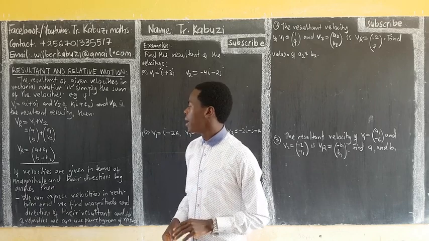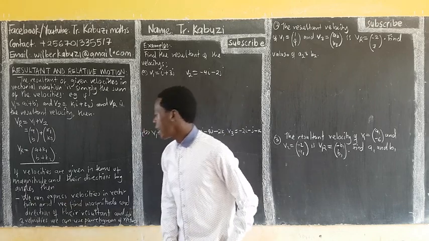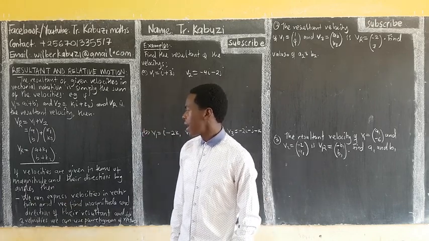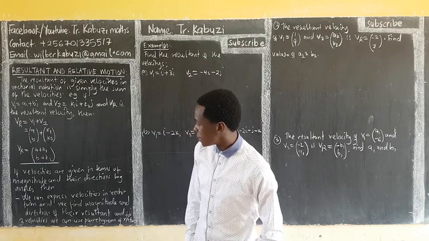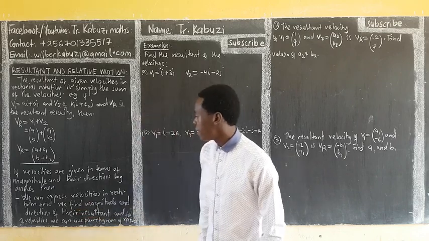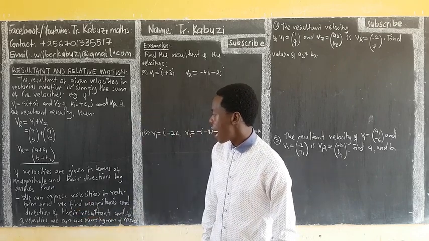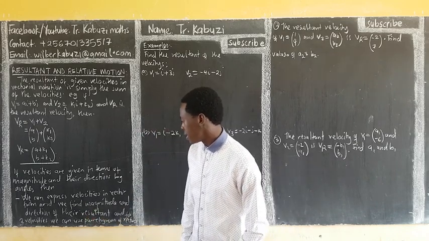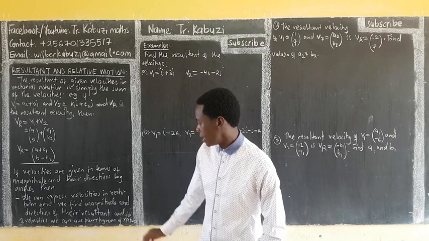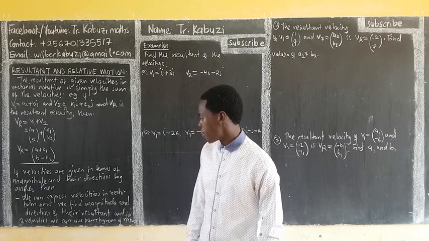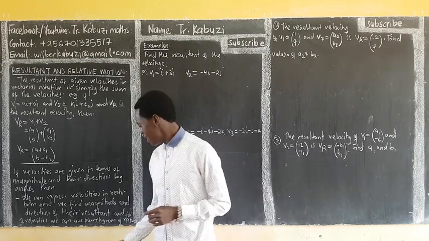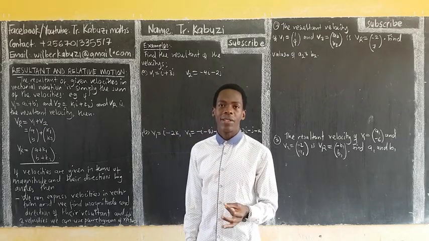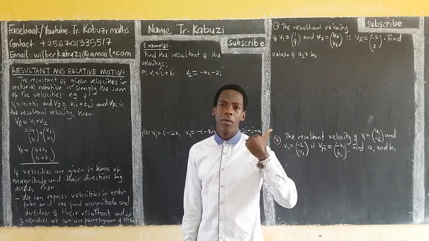Just sum them. Okay. But if vectors are given in terms of magnitude and their direction as angles, then you can express velocities in vector form and find the magnitude and direction of the resultant of the two velocities. And for two velocities, we can use the parallelogram of vectors, like we saw in forces, the parallelogram of forces.